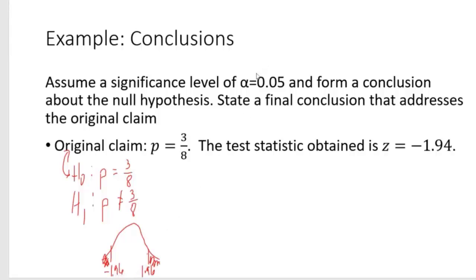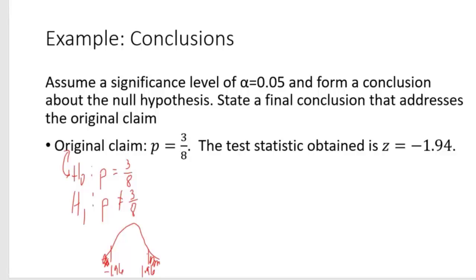Hopefully you can just remember that, but if you forget, you can get that from your calculator by talking about the area. That's where you do inverse norm and put in the 95% that's in between plus one of the tails over here. So you would put in the area of 0.975 on the inverse norm, and it's going to give you 1.96.